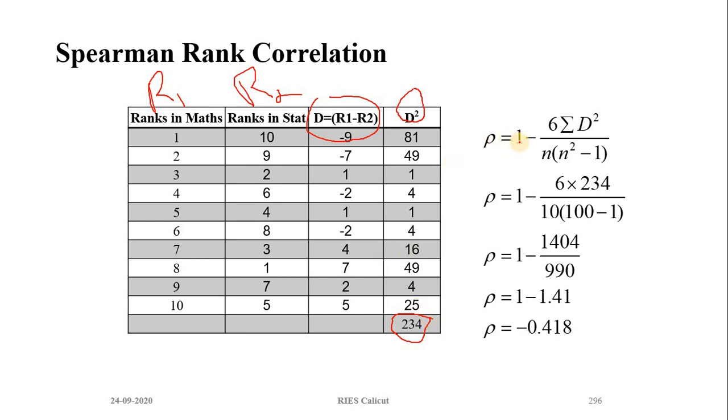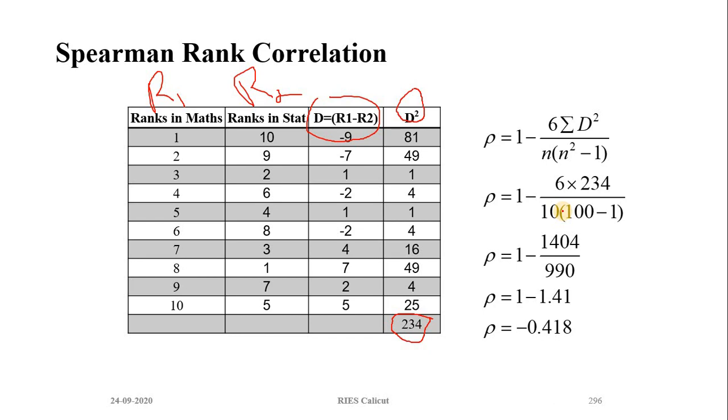Now the Spearman rank correlation coefficient is 1 minus 6 into sigma d square divided by n into n square minus 1. This is the equation to calculate the correlation in ranks or correlation in qualitative data. Here it is 1 minus 6 into sigma d square, which is 234, divided by n which is 10, n square is 100, so 10 into 99.